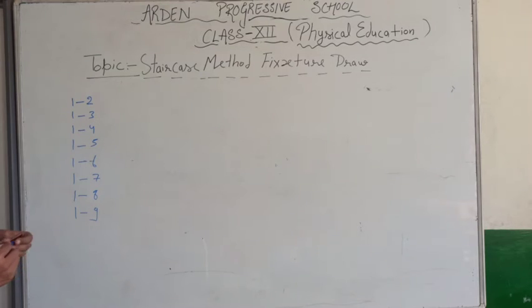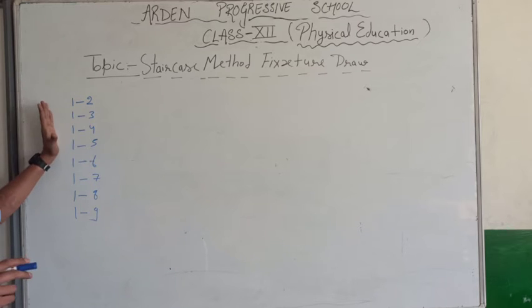Why am I doing it like this? Because in the first round, team number 1 will be conducting a match with all the teams. Team number 1 plays against all teams in the staircase method.